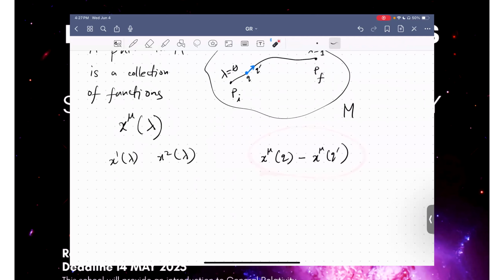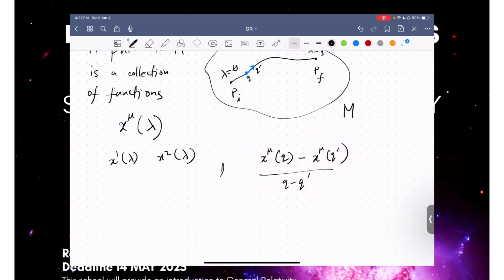This is, very roughly speaking, the component of this vector, right? And then you should divide this by the distance again. This should be in quotation marks, because we really only care about this difference when this distance is very small. And as this distance becomes small, this also becomes very small. So if you don't scale, then this will just vanish.